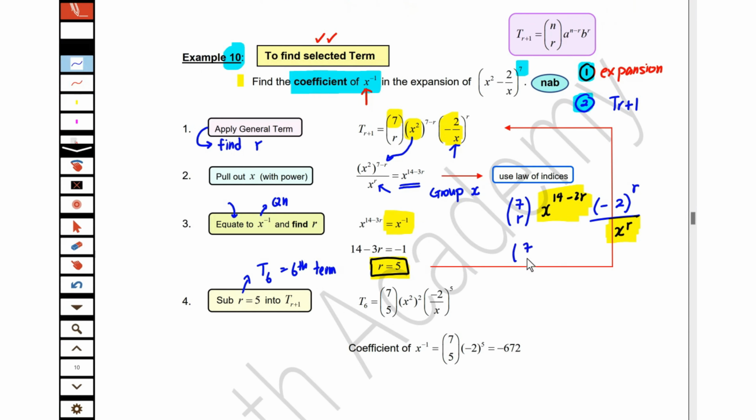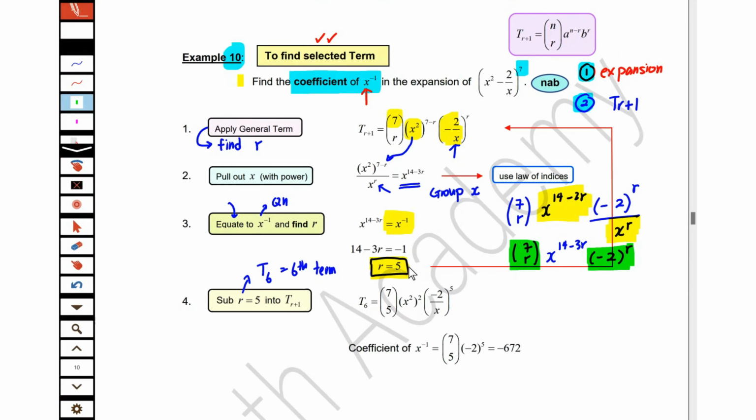If I go one step further, 7 choose R, the x I've combined into 14 minus 3R, followed by your negative 2 power R. Once you simplify your general term, it's going to look like that. Each and every single term of your expansion looks like that. In particular, the binomial coefficient, I'm going to highlight in green. The green portion is your binomial coefficient.